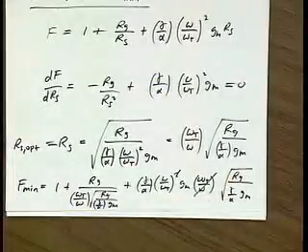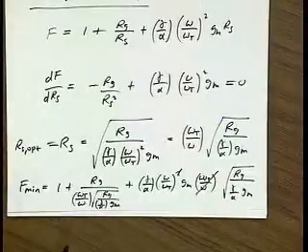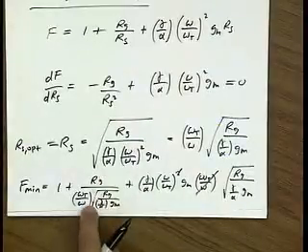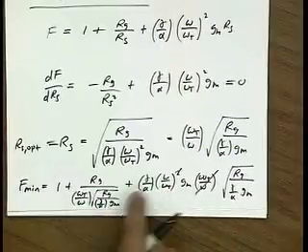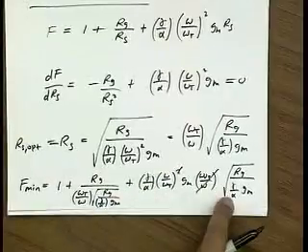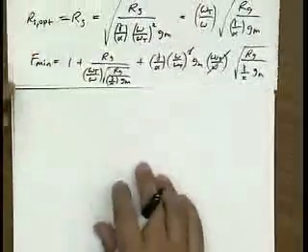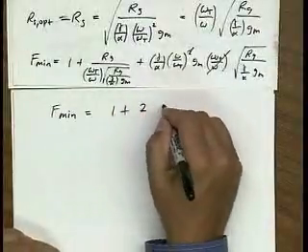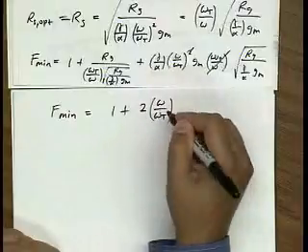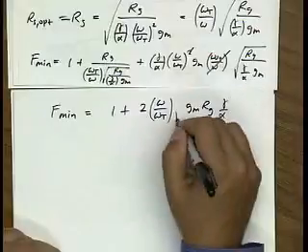And if you stare at this expression for a while, you realize that these two terms are actually equal. This is Rg divided by this term. I'm dividing here. This is equal to this, right? This divided by square root brings the square root on top. So you do a little bit of algebra, and you'll see that F min is simply 1 plus 2 times omega over omega t, Gm Rg gamma over alpha, square root.